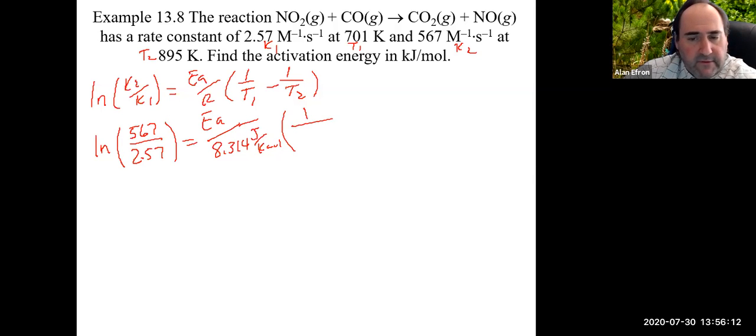Then 1 over the first temperature in Kelvin, which they already did for us, so we don't have to worry about that, so that's good. So 1 over 701 minus 1 over our second guy, also converted to Kelvin for us, so that is good.